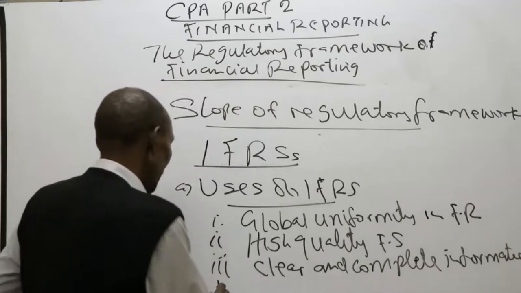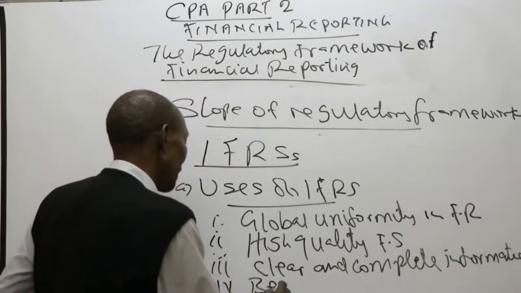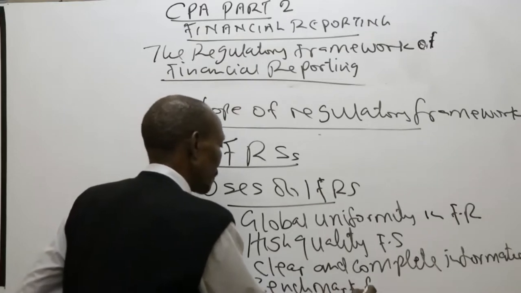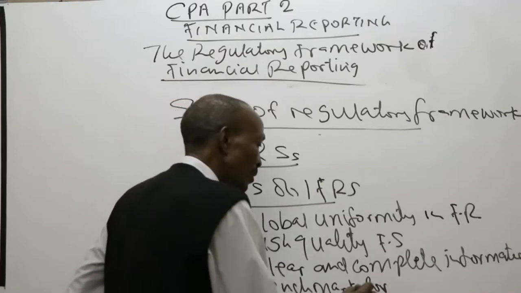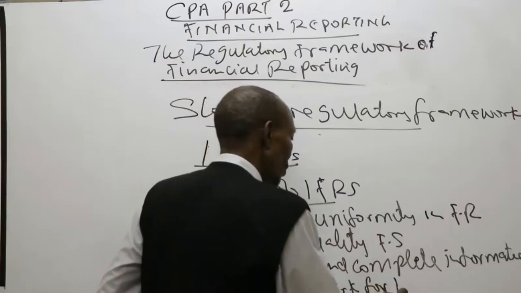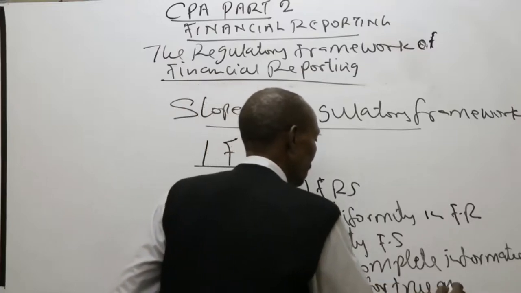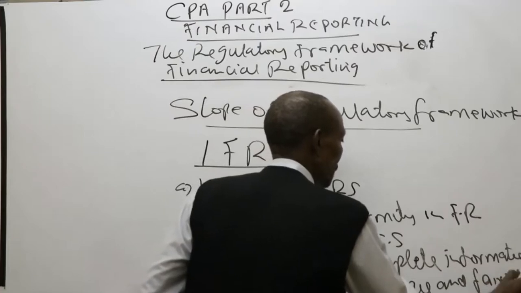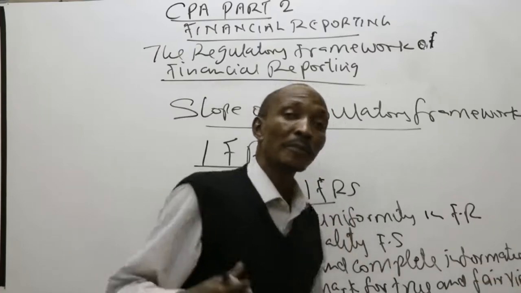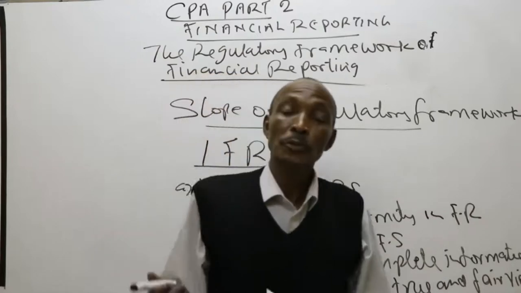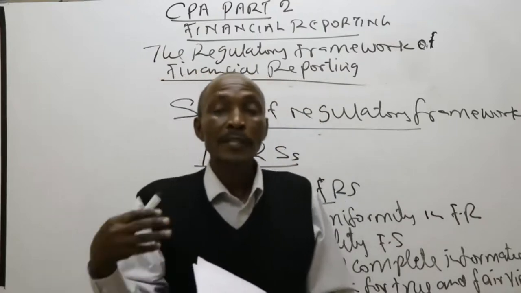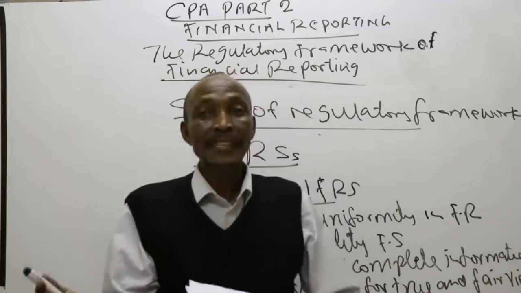Then the standards give us a benchmark for what will be regarded as true and fair view, because the overall purpose of financial statements is to provide the users with information about the true and fair view of that entity.